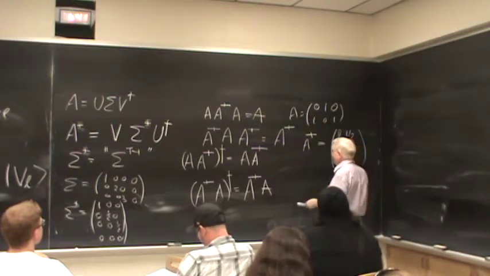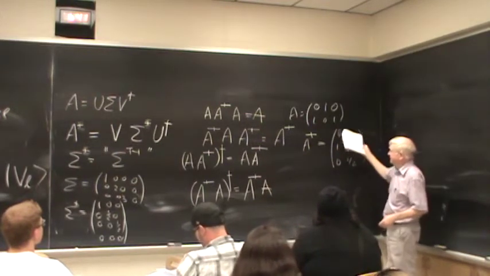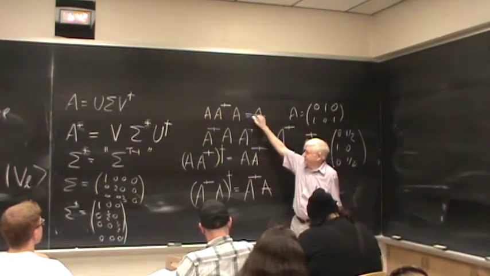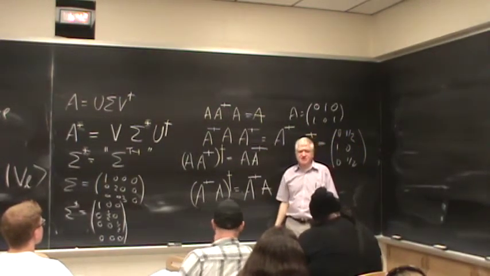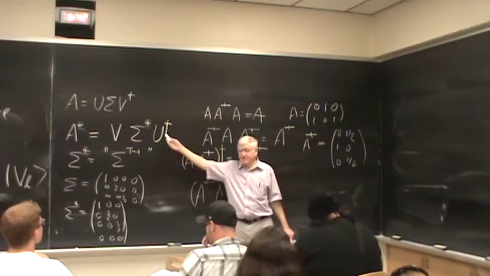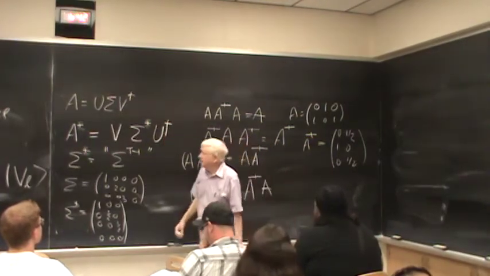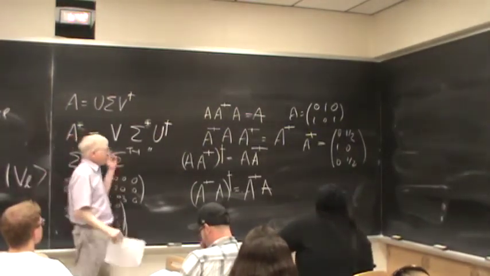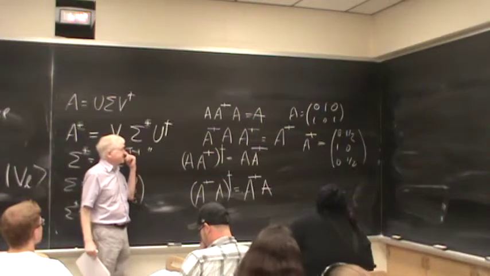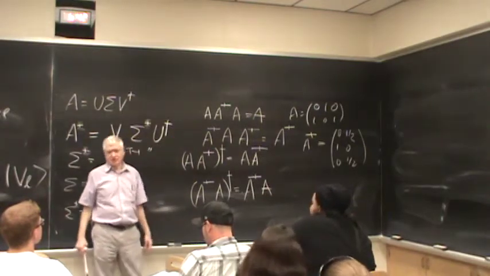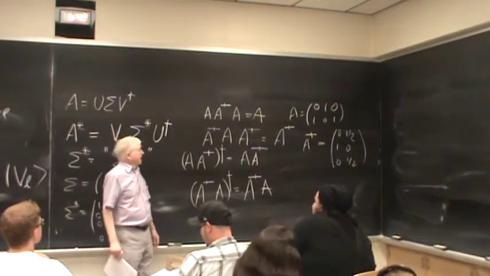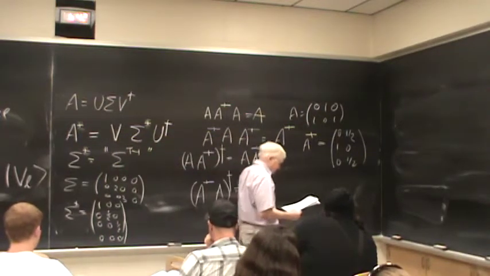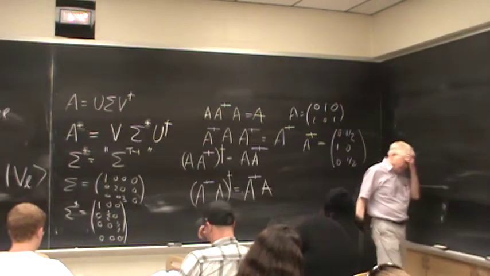And then you can verify that these two matrices satisfy these four properties. So these are the four defining properties of the pseudo-inverse, although the recipe is obviously a defining property. And the pseudo-inverse is also unique in that it's the only matrix that satisfies all these properties.